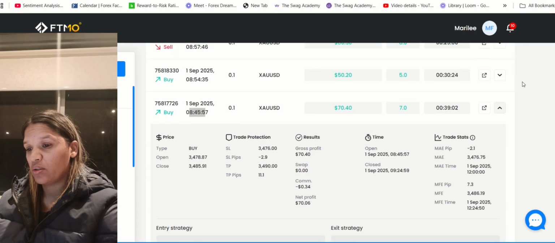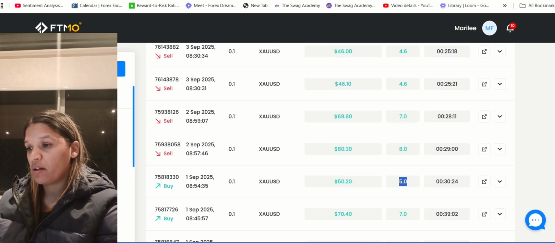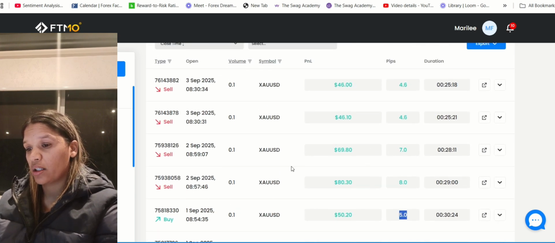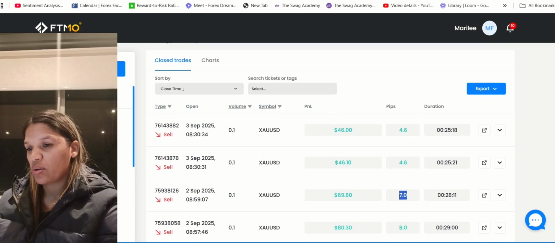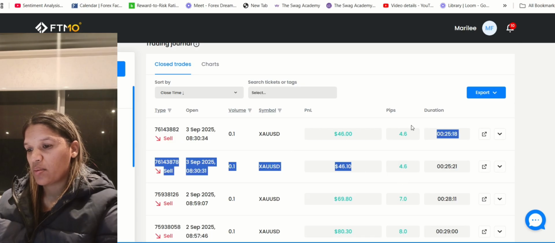You see here, I took a loss on these two, but then I had a break-even day on that day. The 2nd of September, I also took a winning day, 80 pips, 70 pips there. And then on the 3rd, I just took a quick scalp, also there, some 40 pips, 46 pips.